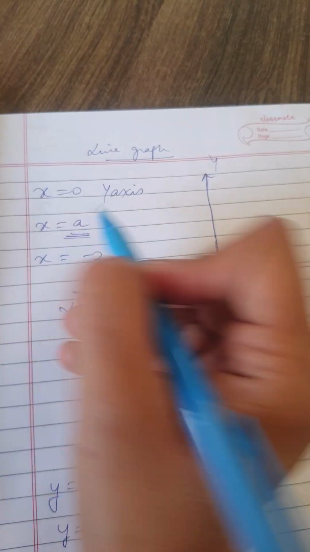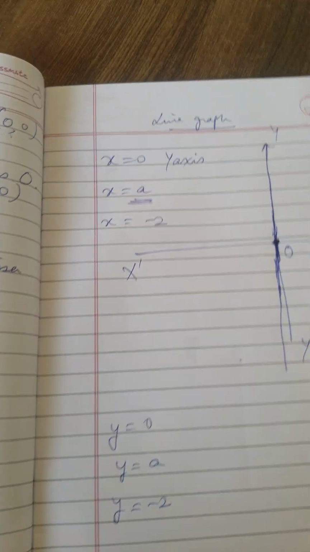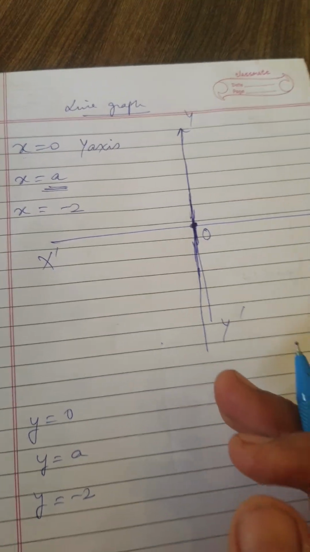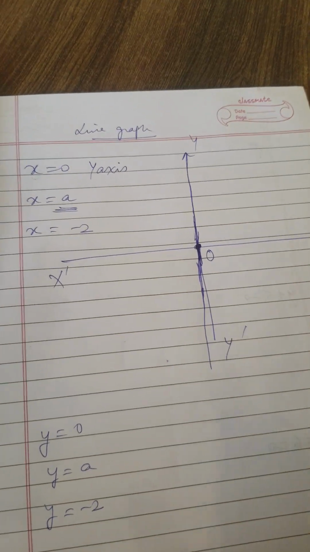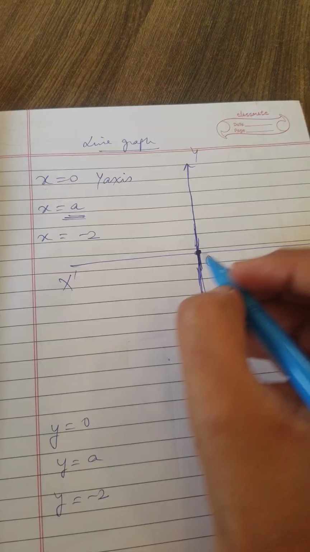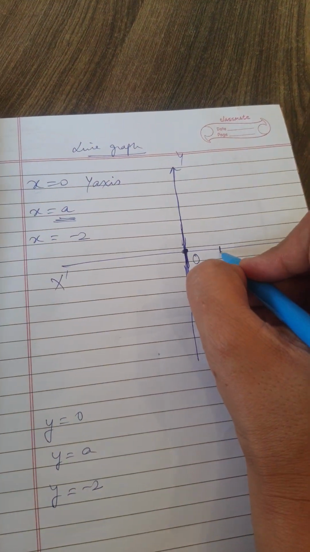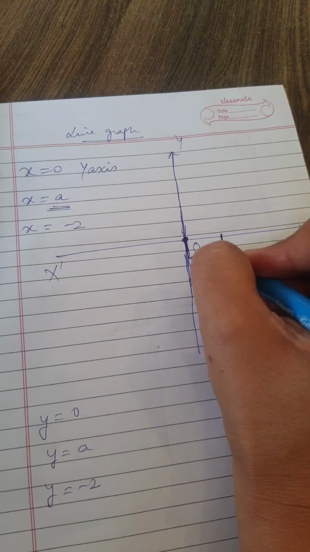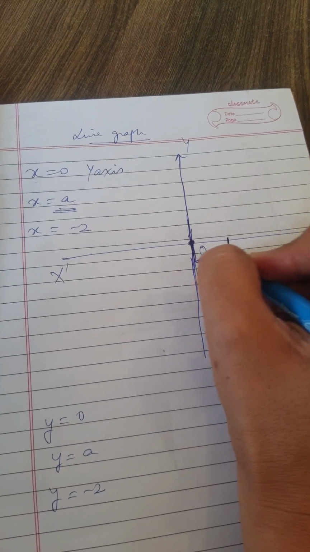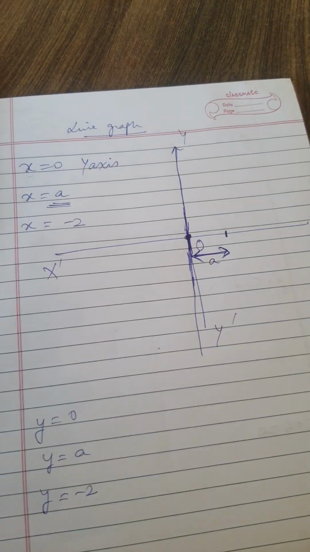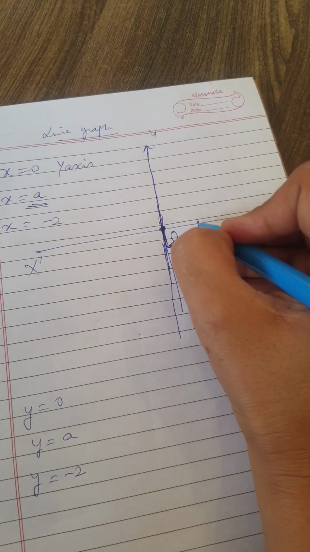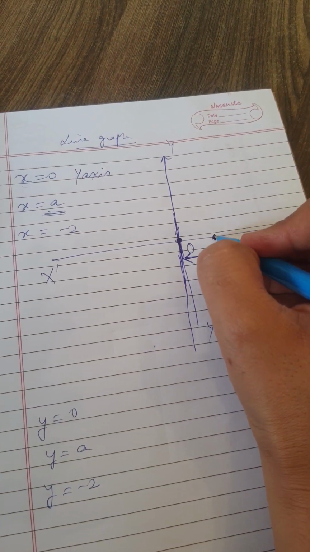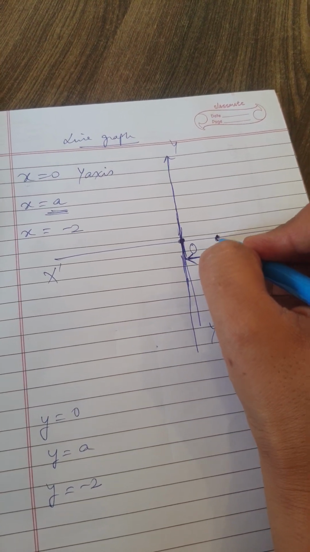If I had taken this variable as a, the value of x here is a. So for any value of x equal to a or b or c, we just take a point here, and suppose the distance from the origin of this point is a. So this point will indicate the value of x as a.